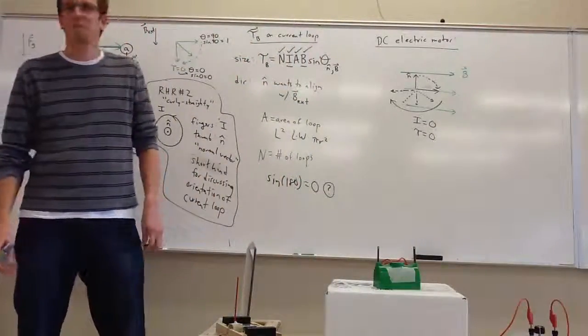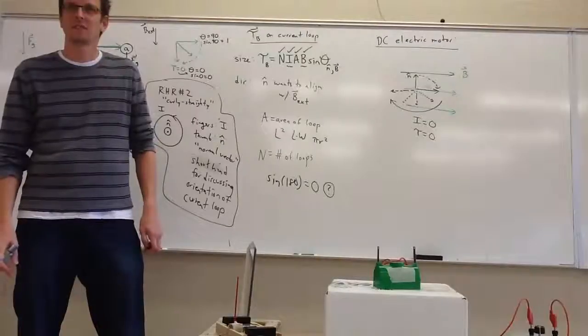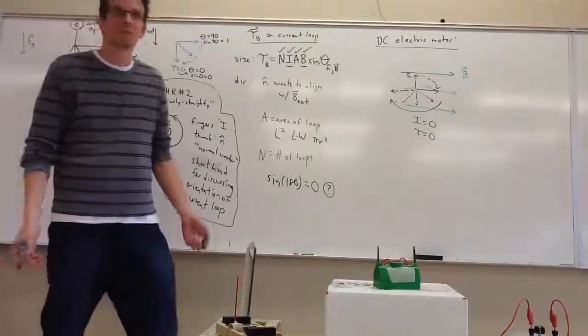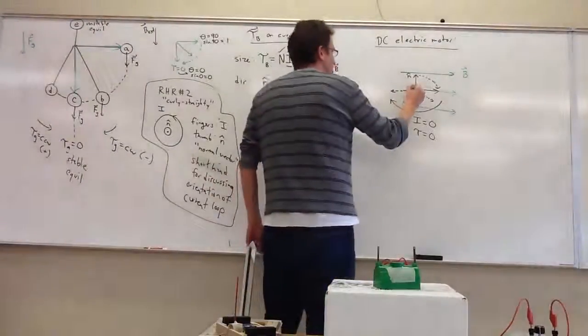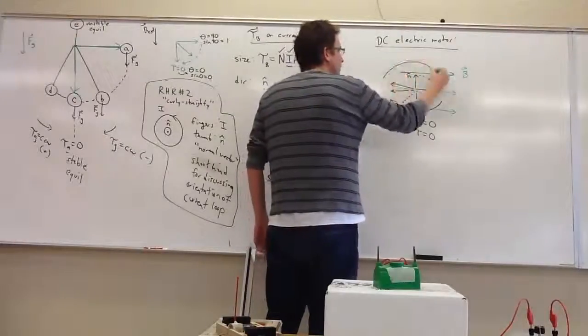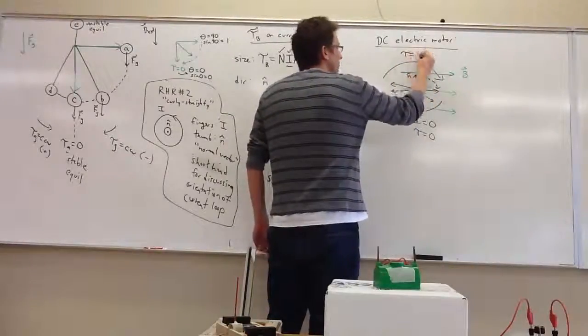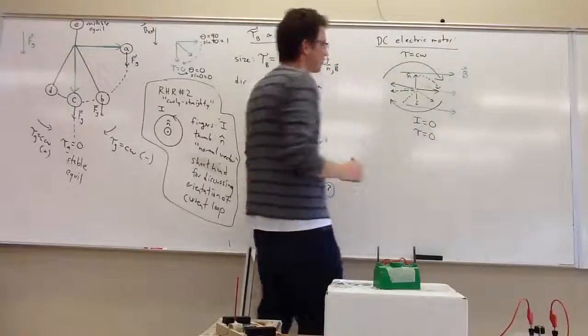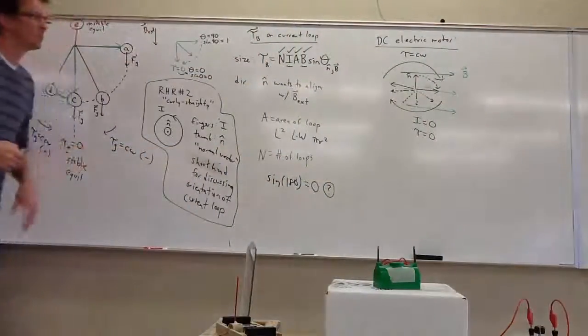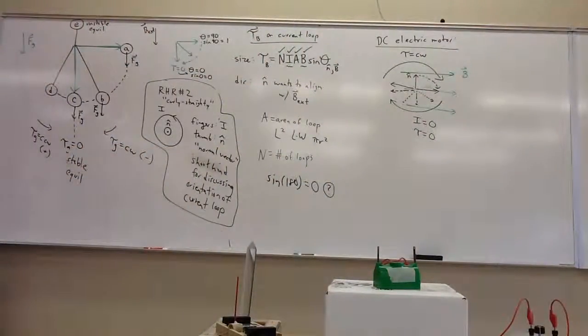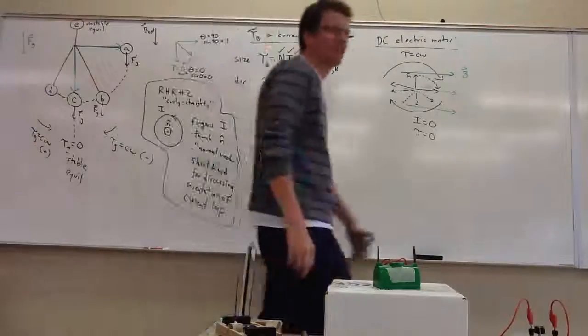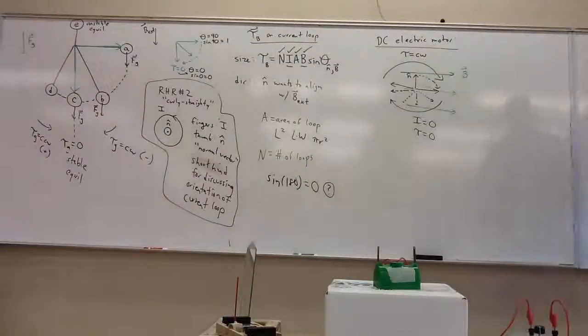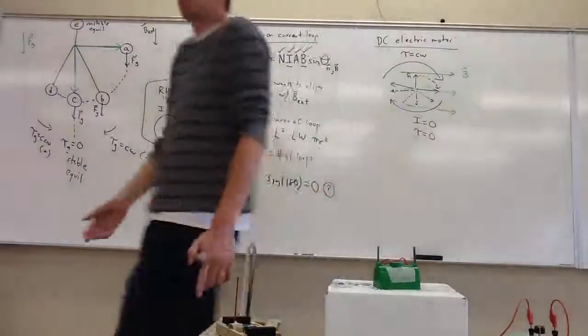When do you think we turn it back on again? When it gets back to where the torque would be in the same direction. So from here to here, the torque is going to be clockwise. So you see, we basically torque it in one direction, and then when the torque would be back in the other direction, we just turn off the current, and we turn off the torque, and we just let it coast.